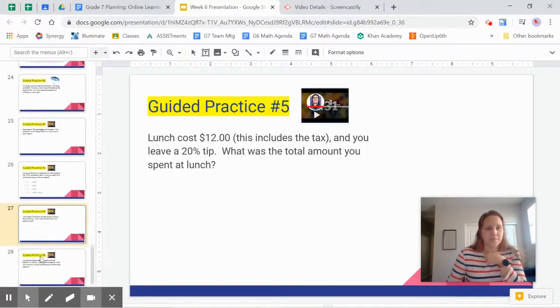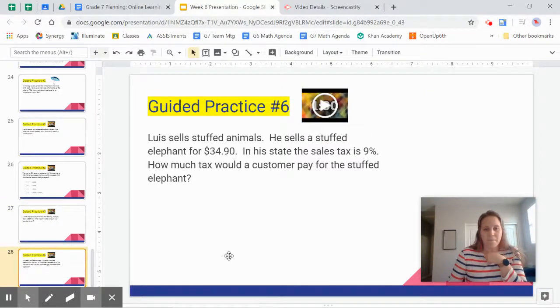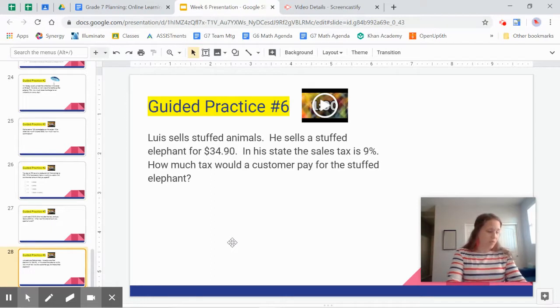Friends, last one. There we go. I want you to read and try it on your own. Use a ratio table or an expression to help you, your choice. Go.